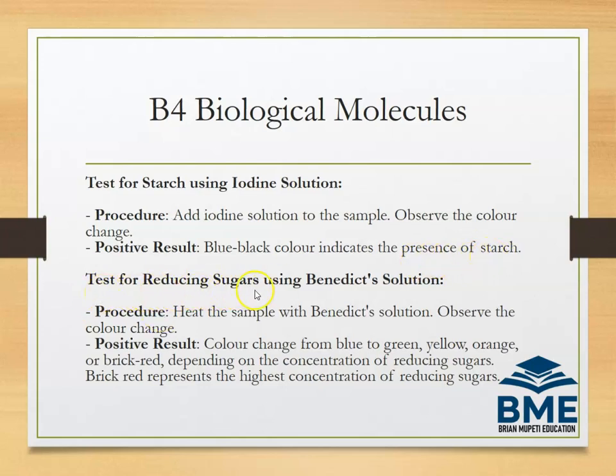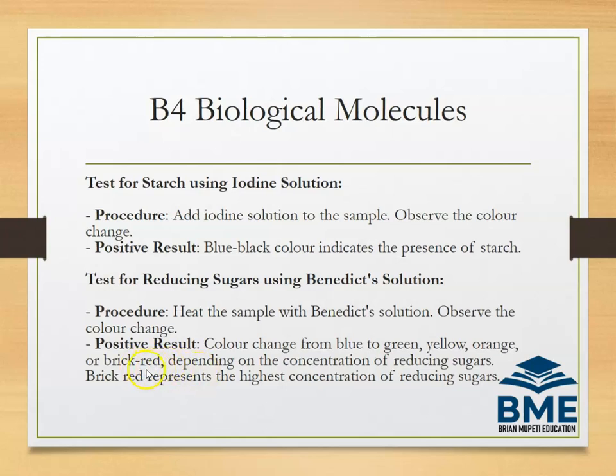You can also test for reducing sugars using Benedict solution. The procedure is to heat the sample with Benedict solution. After this, you observe the color change. If the color changes from blue to any one of these colors, green, yellow, orange, or brick red, then it means that reducing sugar is present.